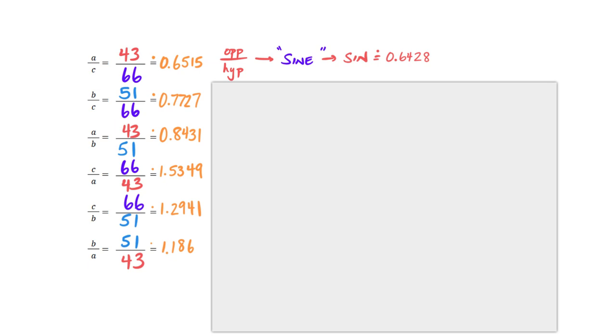There's our names. What you see in purple is the formal name for that calculation. It's universal. Anytime you take the opposite and you divide it by the hypotenuse in a right triangle, that is called your sine ratio.